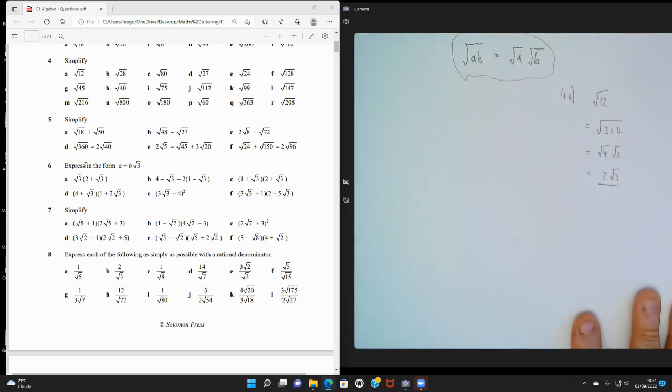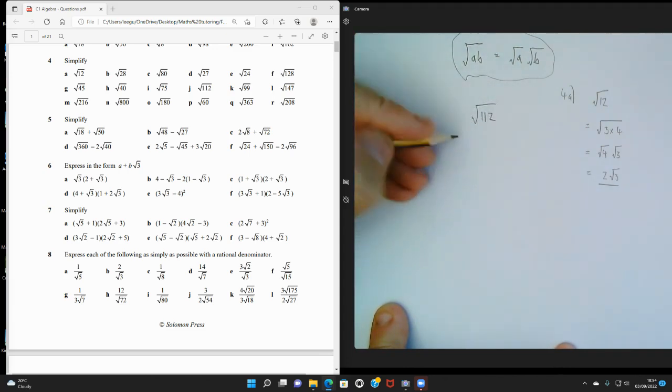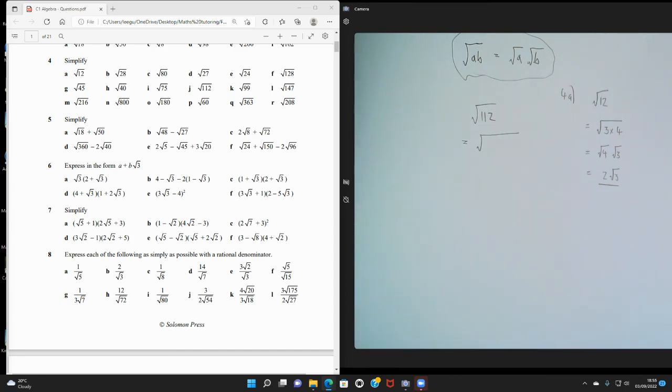Let's pick another one at random. Let's perhaps try J. So question 4J. Let's have a look at that one. Bit of a tricky one here. We've got root 112. So we've got to think of two numbers that multiply together to make that, and let's just try that.